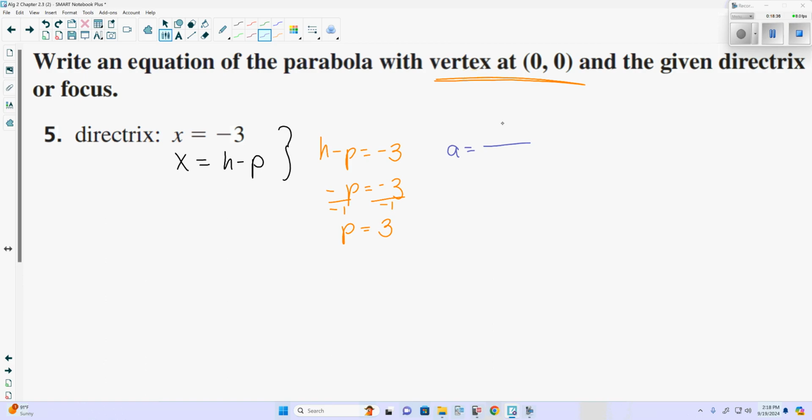Now we need a. a is 1 over 4 times p. 1 over 4 times 3, so a is 1 over 12.